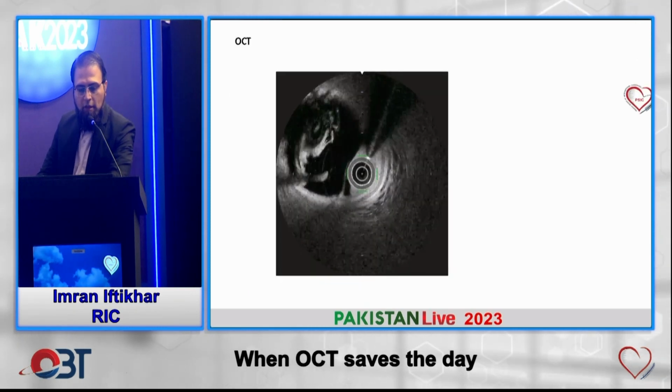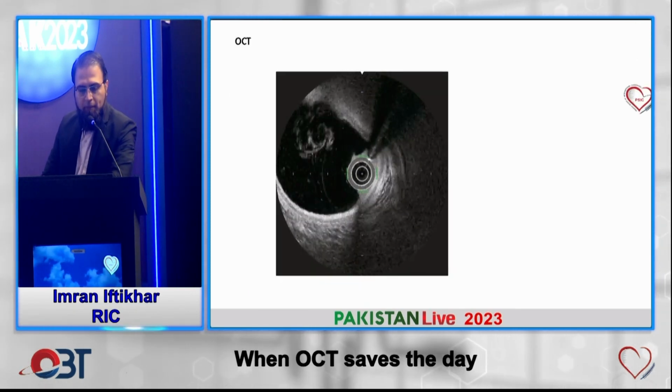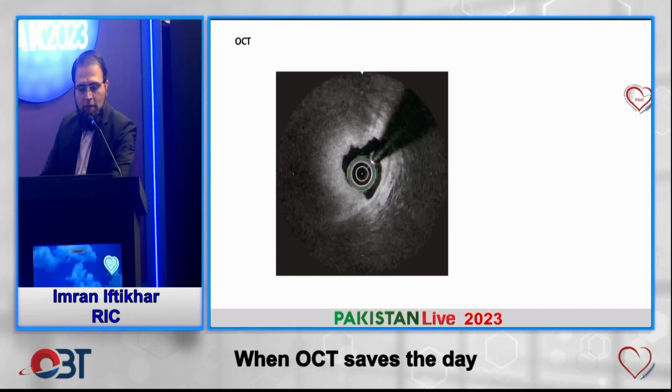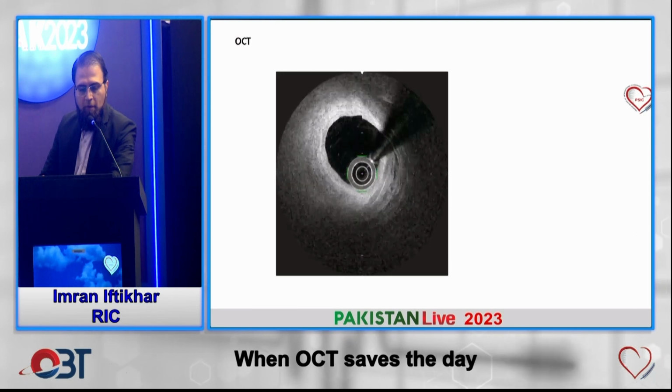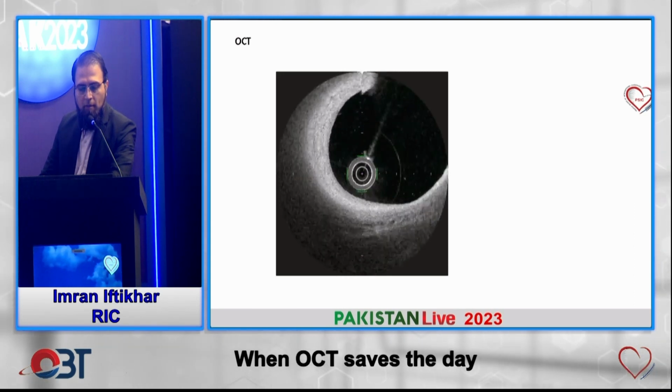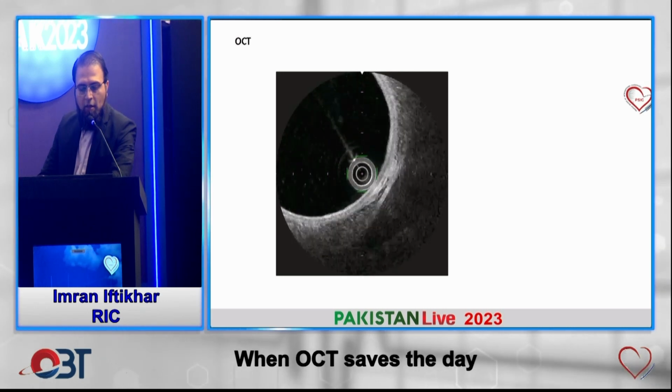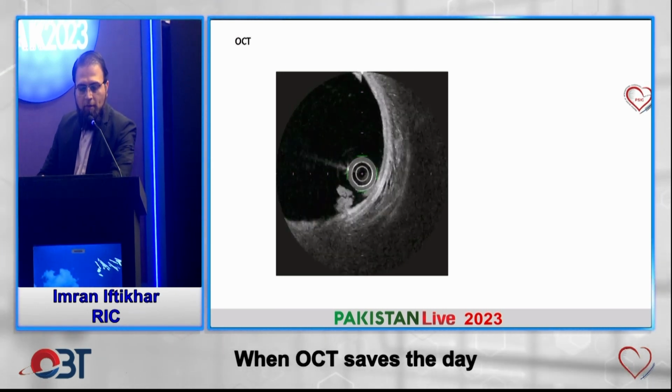This is the clip of the OCT run which we did. You can see there is a heavy thrombus burden in the ostium of the LAD, and there was no SCAD and no intramural hematoma.